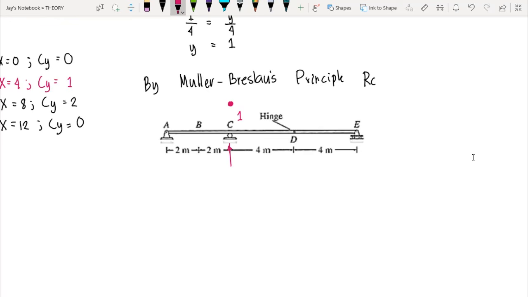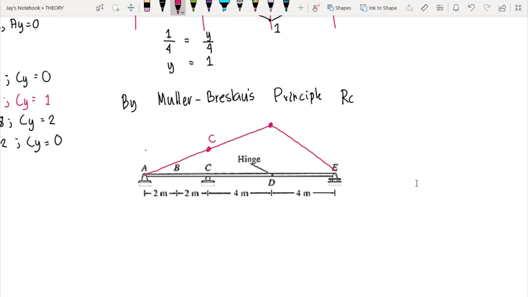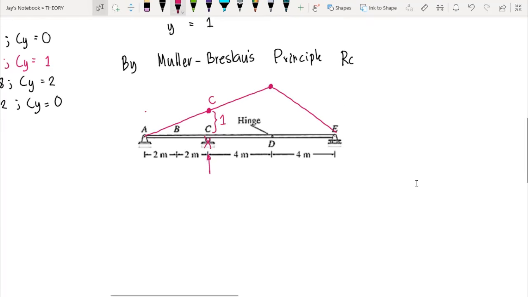So our beam remains rigid, so we have A to C. So this would be the deflection of our beam. So again, if we delete the support at C, then we apply load upward. So we have our point C moved vertically at 1 unit deflection. Okay, and this is also our influence line.